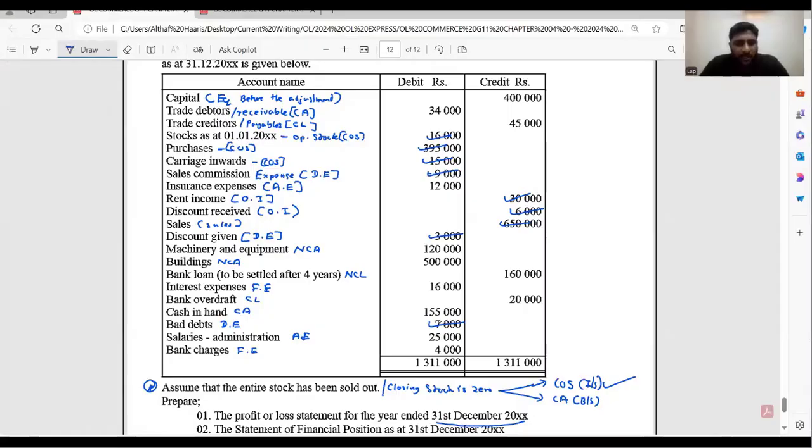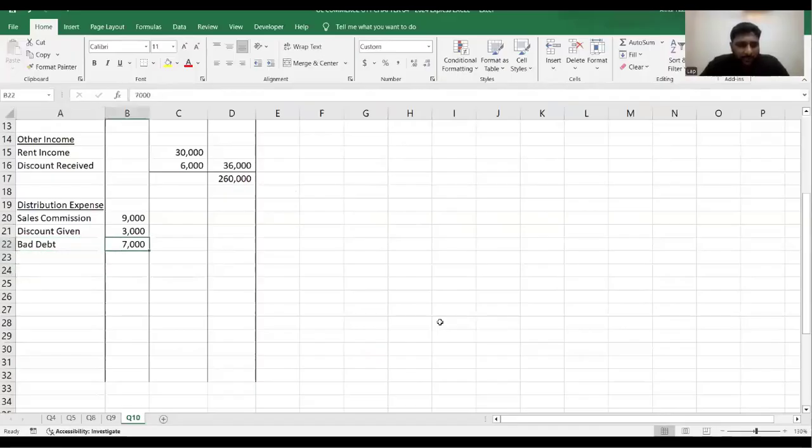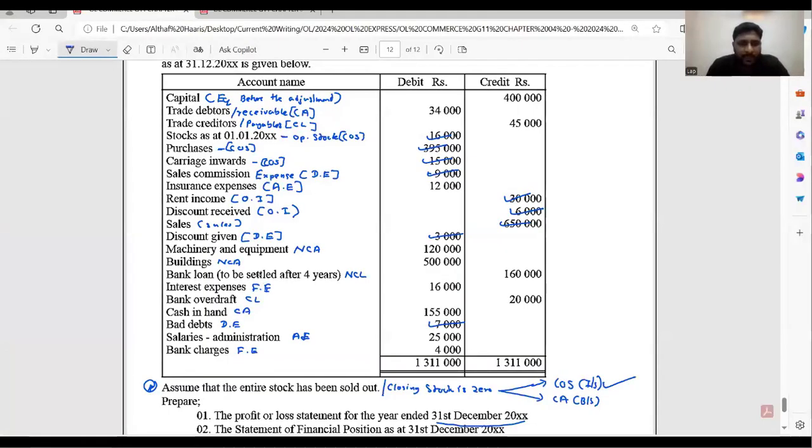Now let's move to the admin expenses. So let me take the total. What are the admin expenses that we have?